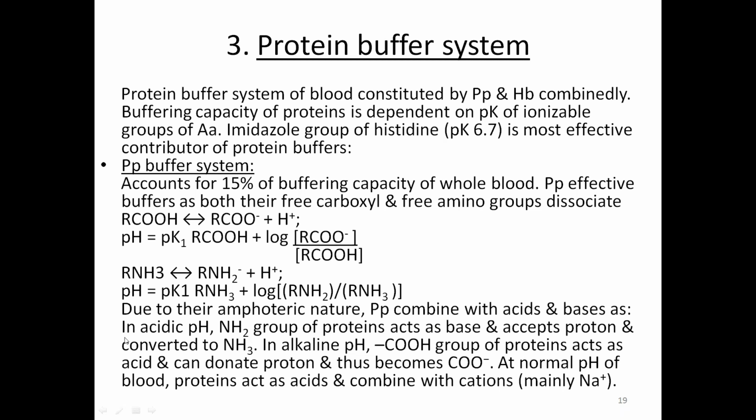In acidic pH, the NH2 group of proteins acts as base, accepts a proton and gets converted into NH3+. In alkaline pH, the COOH group of proteins acts as acid and can donate a proton and thus become COO-. At normal pH of blood, proteins act as acids and they combine with cations, mainly sodium.